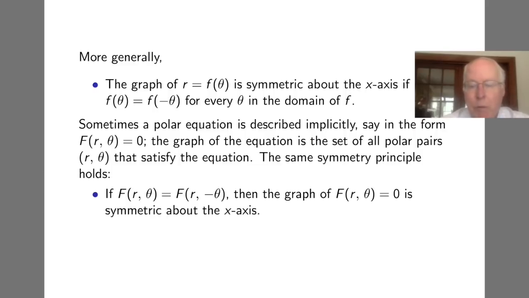Again, the graph of the equation is the set of all polar pairs r, theta that satisfy F of r, theta equals 0. And the same principle holds here. If F of r, theta is F of r, minus theta for all theta values and r values, then the graph of F of r, theta equals 0 will be symmetric about the x-axis.